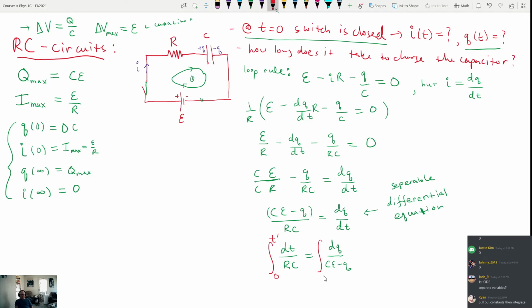And on the right-hand side, we'll integrate from 0, and now it's q, up to some value of q prime in the future. Okay, so q and t are just dummy variables, because ultimately we want to get q as a function of t, and I don't want to make my variable of integration the same as my limits. So that's just a way of doing that.